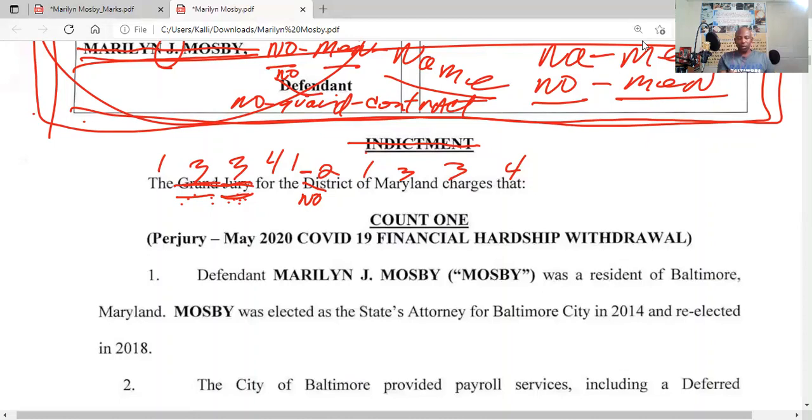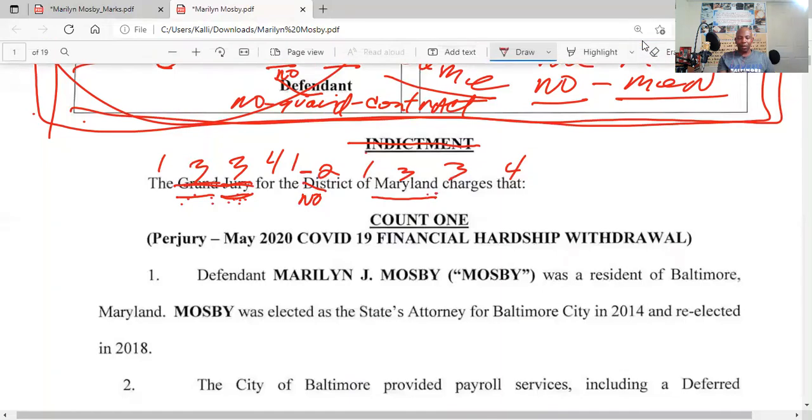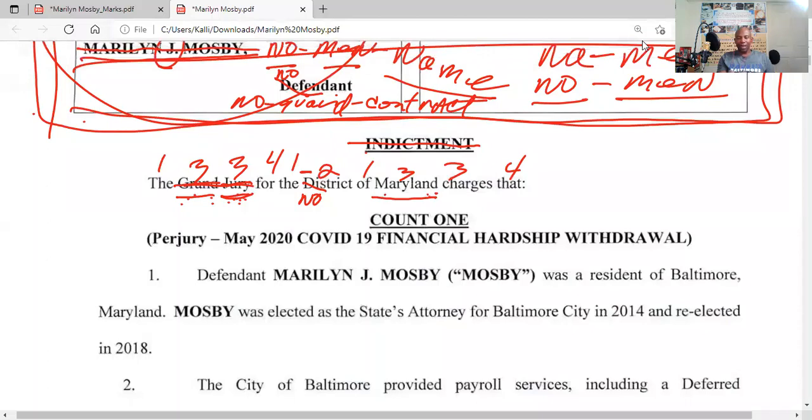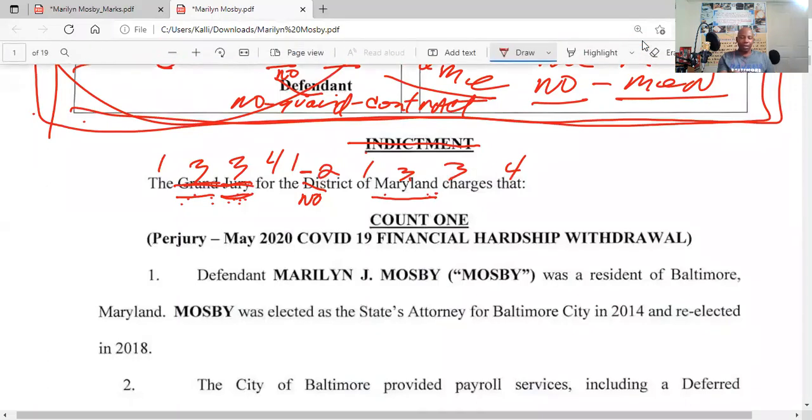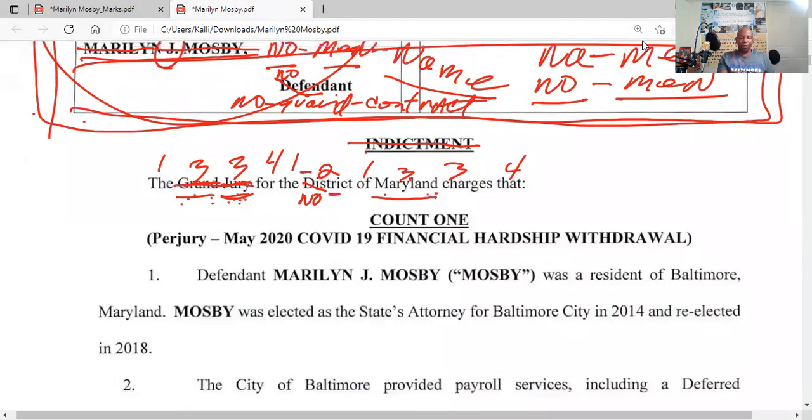So as we move on, we see that the word Marilyn is a noun, but it's in the syntax location of an adjective, right? And here, district is in the syntax location of a verb, right? This should be a noun, but it's being used in this formulation of words as a verb.